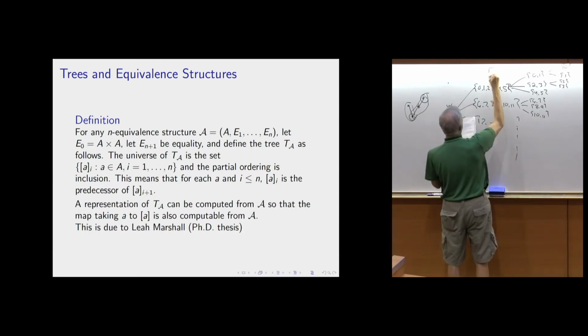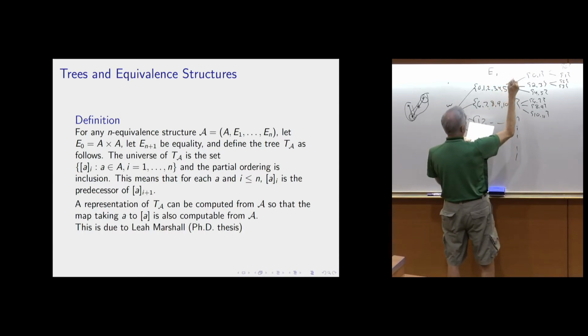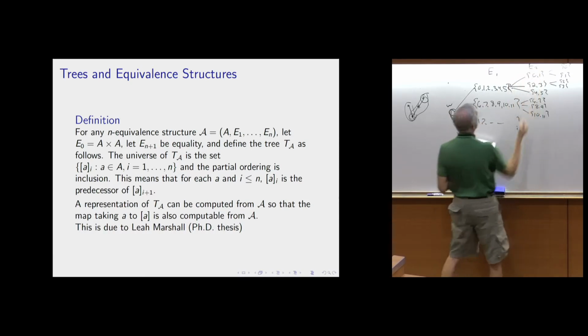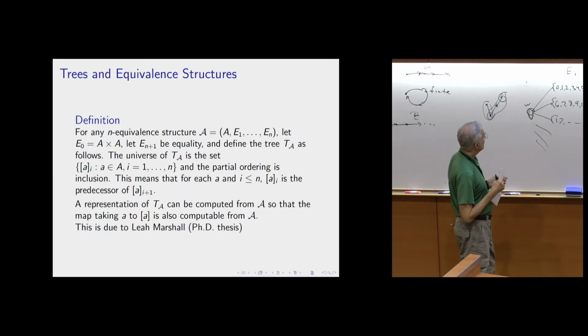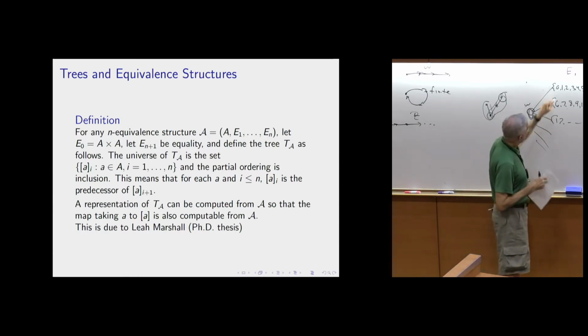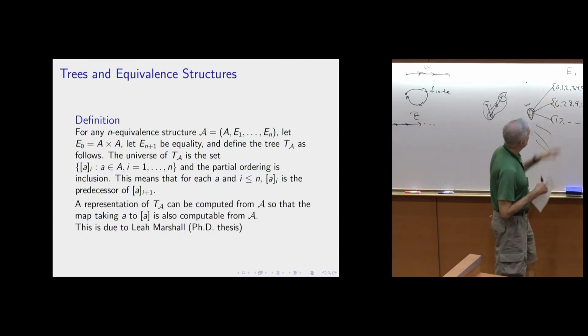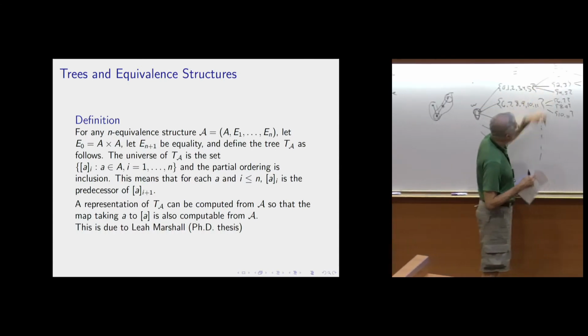So we're really thinking of two equivalence relations. Under E1, we have these finite classes, and E2 then splits each of these.